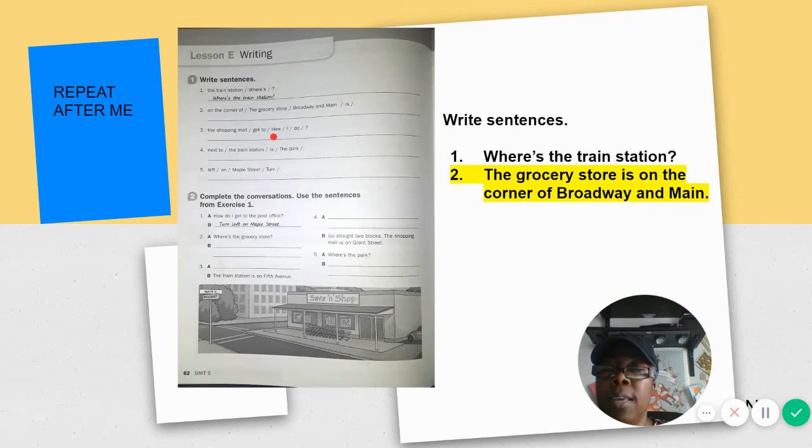So this how starts with a capital letter. So we know that's going to be the first word in the sentence. How, then what's our verb? How do I get to the shopping mall?